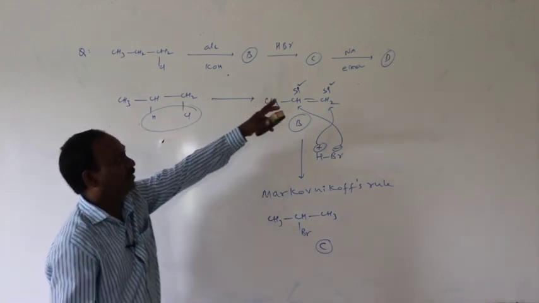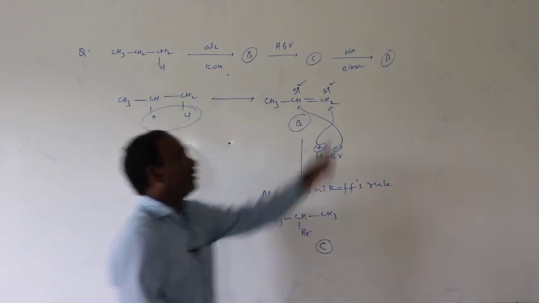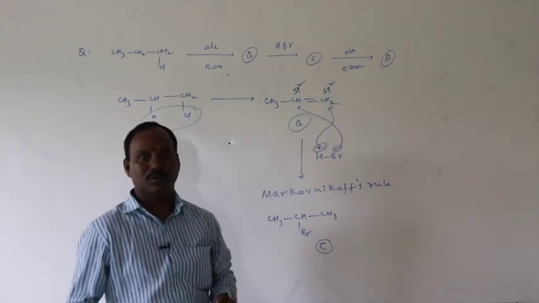C on treatment with sodium metal in the presence of dry ether is a named reaction. Sodium metal and dry ether means it is a Wurtz reaction.